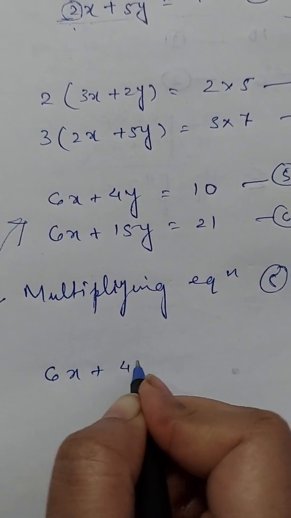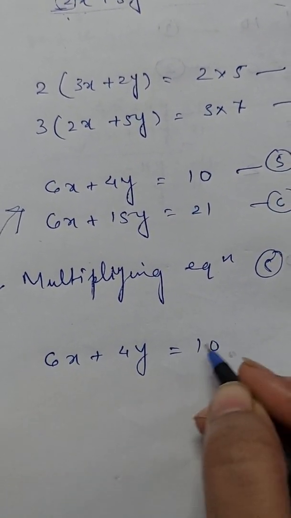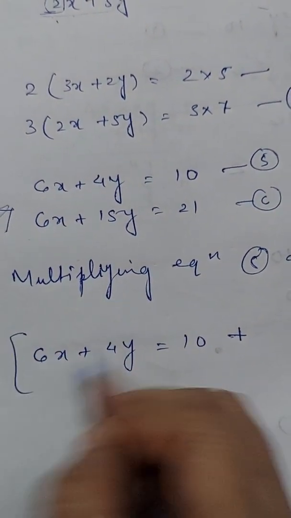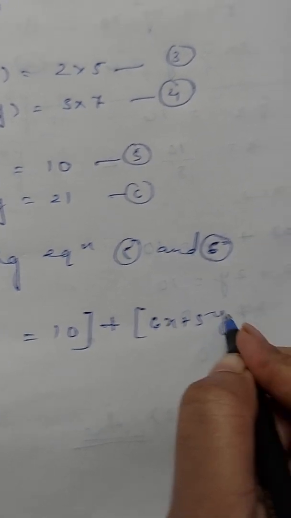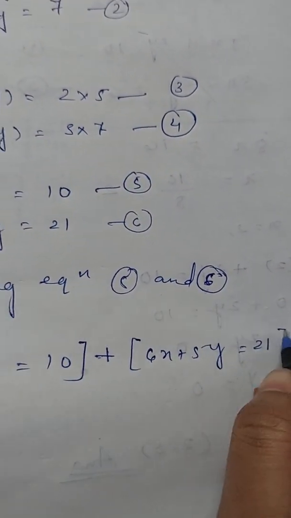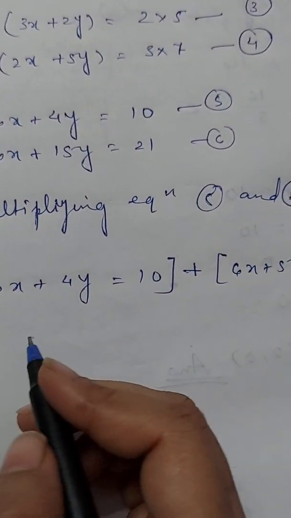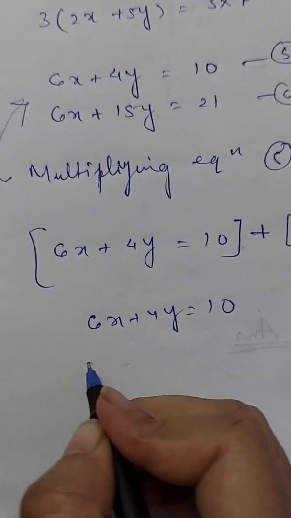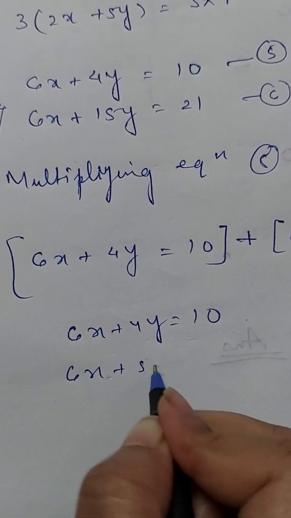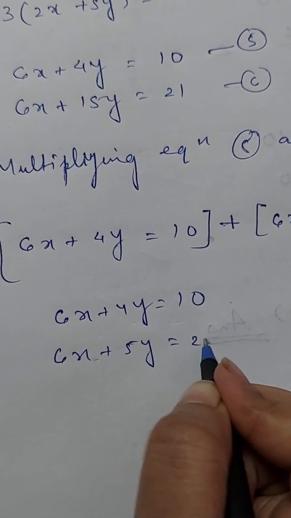This is the result of multiplication. 6x plus 4y is equal to 10. This equation is added with the equation 6x plus 15y is equal to 21. How can we add these two?